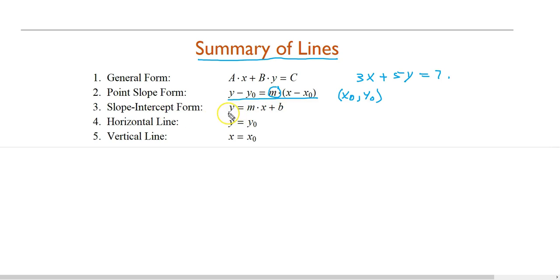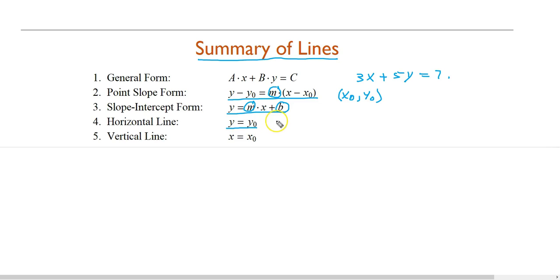The slope-intercept form is right here. So the b is actually the y-intercept, and the m is the slope again. Notice if we set x equal to 0, we get y equals b, so that's where the graph crosses the y-axis. And then horizontal and vertical lines. A horizontal line is given by an equation y equals y0, where y0 is some constant that would be given to you.